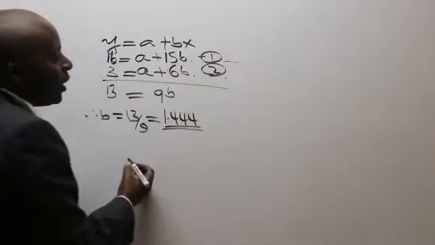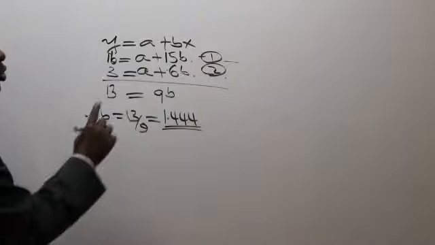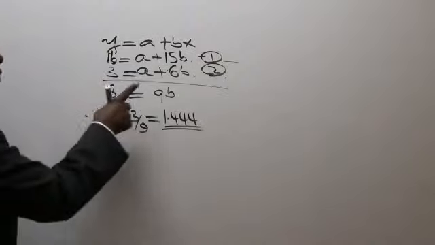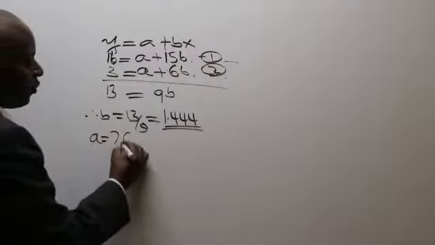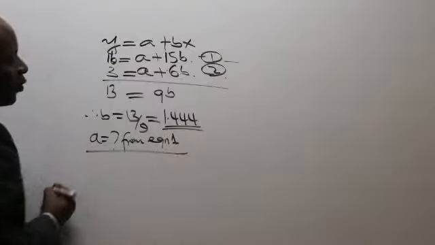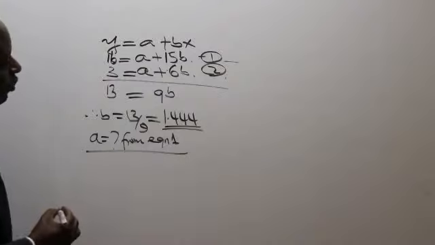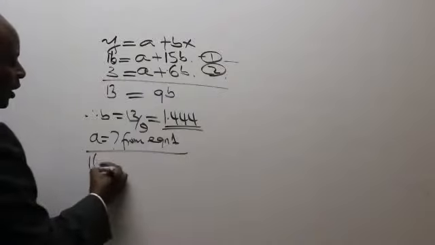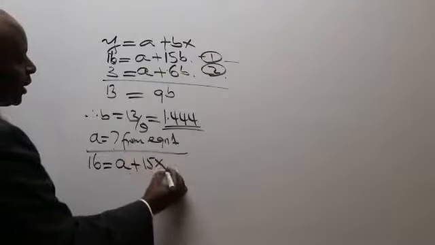So that is b. Now, once I have b, I can easily get the value of a through plugging in the value of b in any of the 2 equations. So I'll ask myself, what is the value of a from equation 1? So we have here 16 equals a that I do not know plus 15 times b.